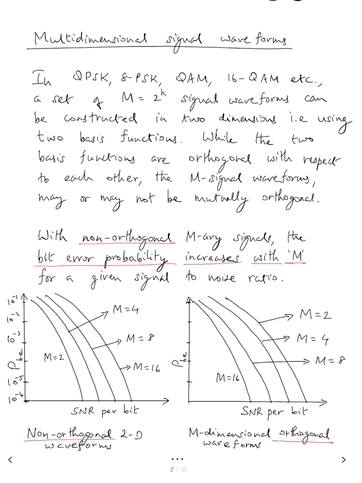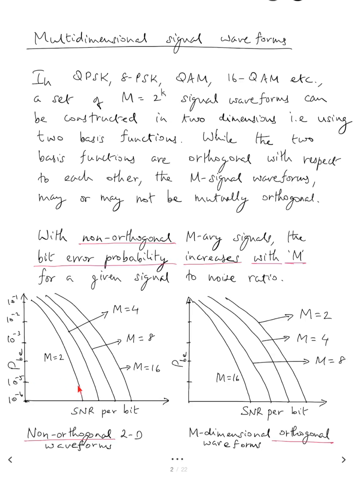So suppose we take the signal to noise ratio at this point. At that signal to noise ratio, as per this diagram, just remember that this diagram is just a reference. These are not actual values, just a reference to illustrate the situation. At a particular signal to noise ratio, with binary transmission, that is for m equal to 2, we achieve a bit error probability of 10 power minus 5.